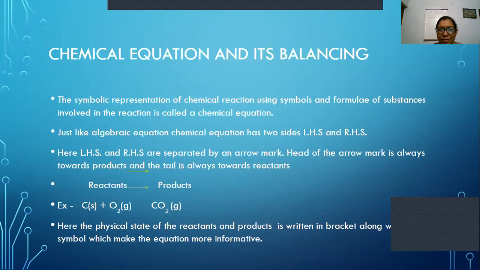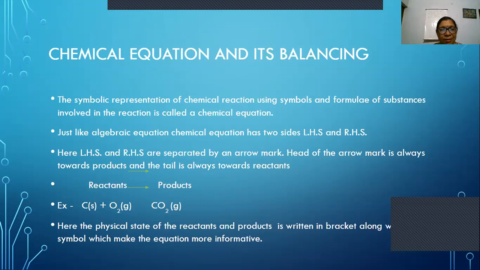In maths, you have already learned algebraic equation, left hand side and right hand side. Here, LHS and RHS are separated by an arrow mark. Head of the arrow mark is always toward products and the tail of the arrow mark is always towards reactants.